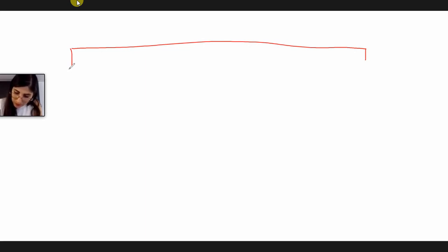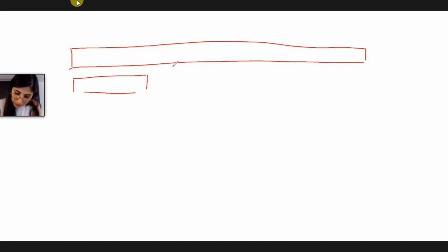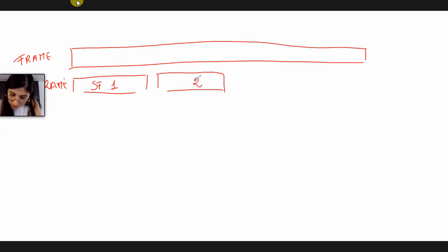We have one radio frame, so 10 milliseconds. In this 10 milliseconds, we have 10 subframes. So this is the frame, subframe. Let us consider subframe number 1, subframe number 2, and subframe number 10.